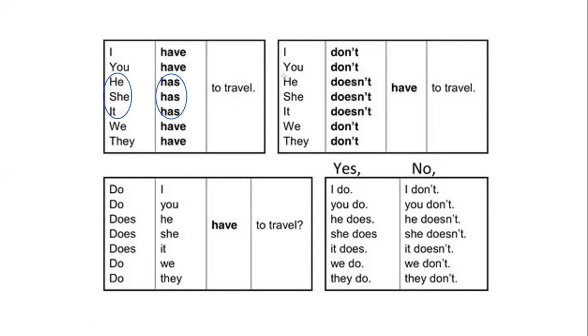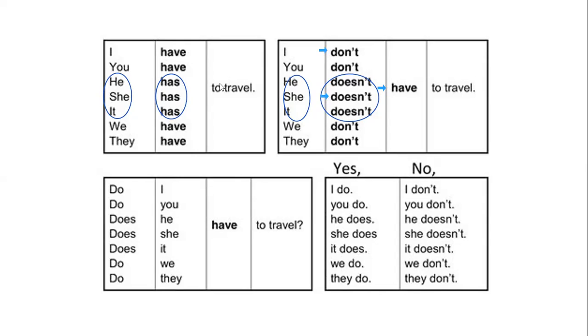And it's the same here. He, she, it doesn't have to, okay? In this case, it could be don't or doesn't, okay? And you have to. So you don't have to travel. He, she doesn't have to travel, okay?